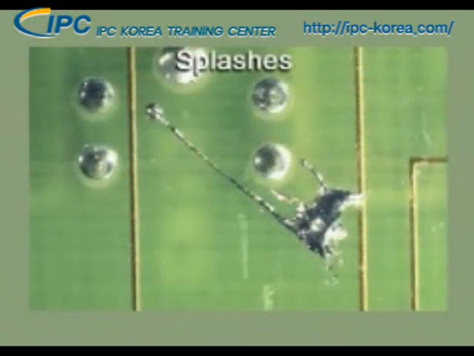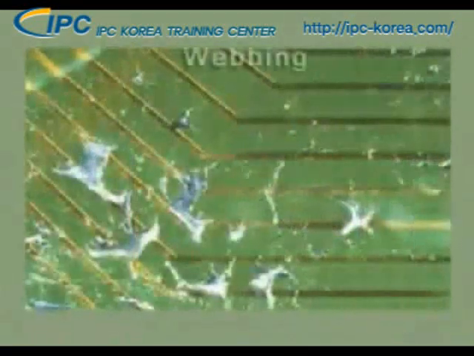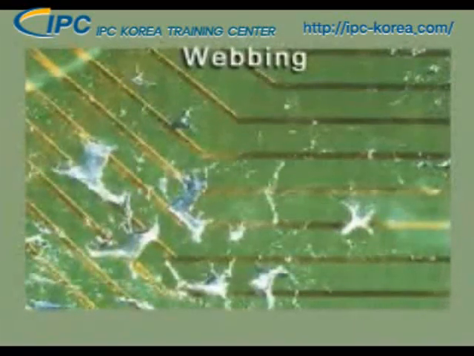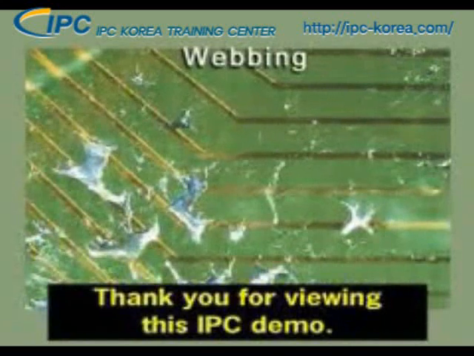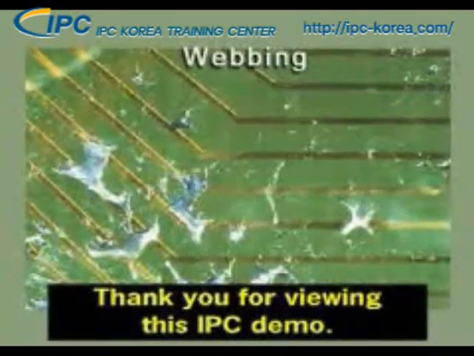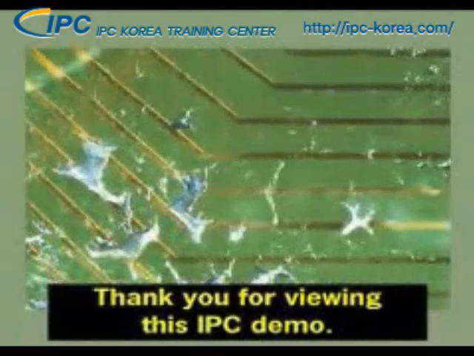Solder splashes are a problem when they violate the required minimum electrical clearance. Solder webbing occurs when a film or splash of solder covers any area of the assembly that should be free of solder. Any solder splashes or webbing on the assembly is considered a defective condition for Class 2 and Class 3.